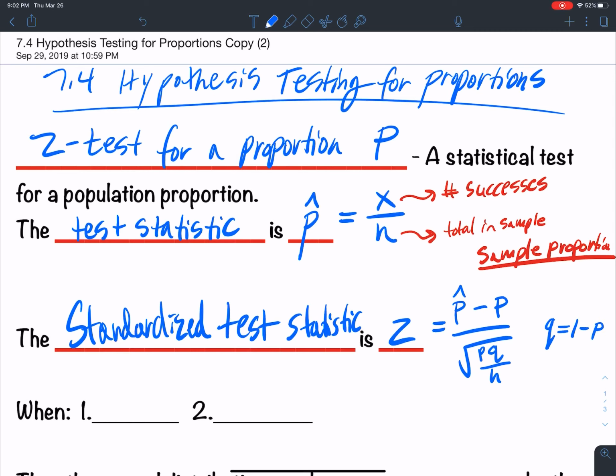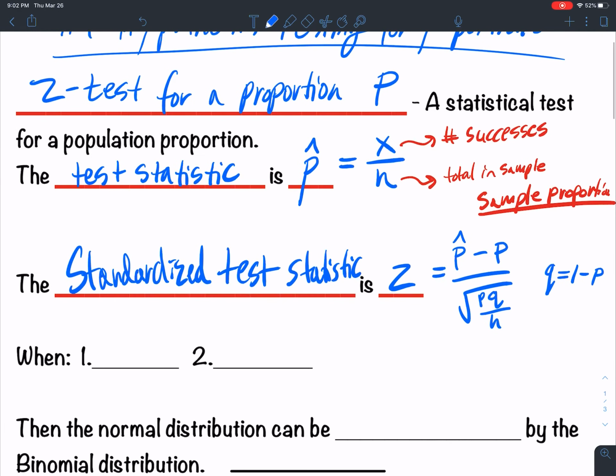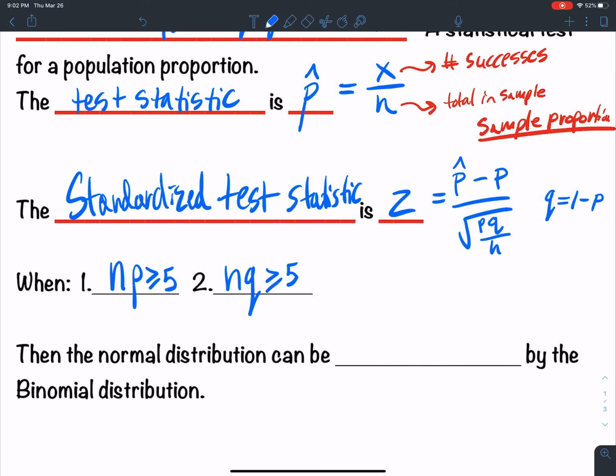Now, what are the keys to the Ferrari here? n times p has got to be greater than or equal to 5, and n times q has got to be greater than or equal to 5. If this is true, then the normal distribution can be approximated by the binomial distribution.